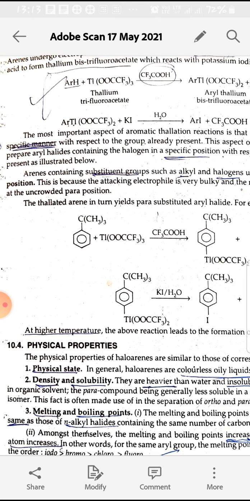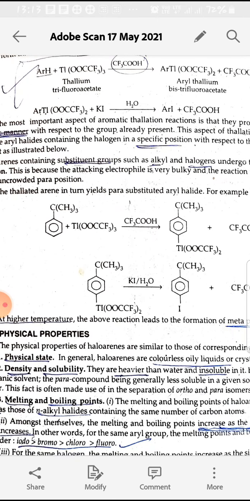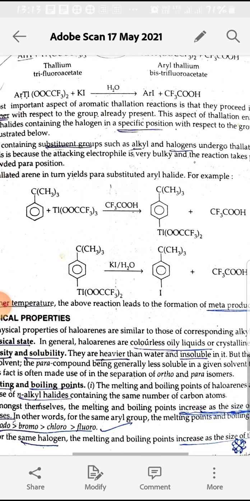For example, if we already have a bulky group on the benzene ring and we add thallium trifluoroacetate in presence of trifluoroacetic acid, then there will be addition of the thallium group at the para position, because a bulky group is already present on the benzene ring.